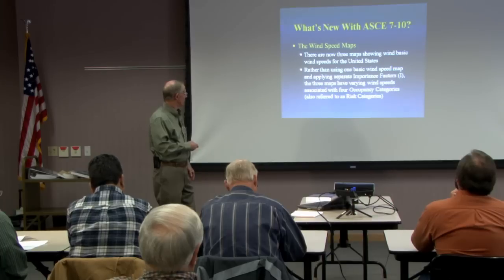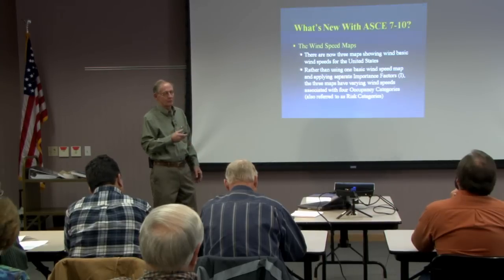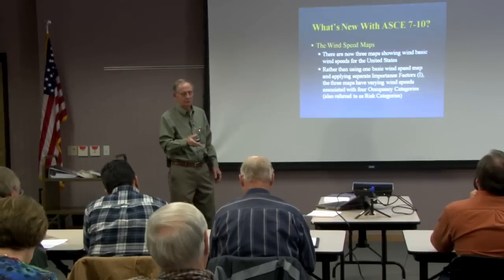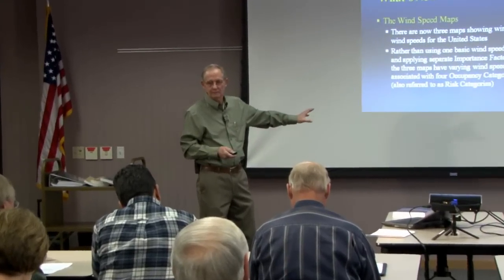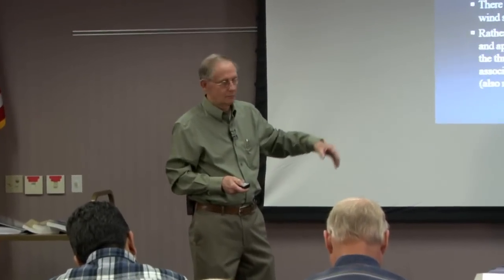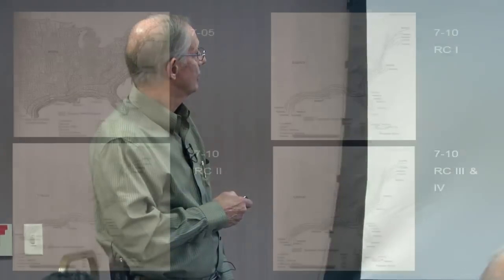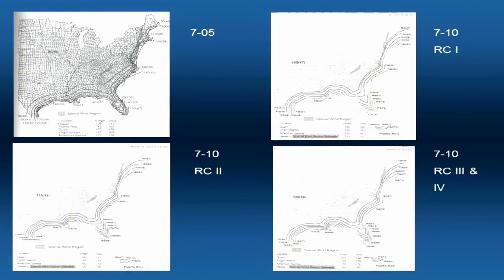So we have 3 different maps with different velocities instead of having an importance factor. Without an importance factor, we just choose the right map. It sounds pretty simple because most everything else is the same. This is the familiar ASCE 7-05 map, and that shows the wind velocities in the major part of the U.S., and then this is the hurricane-prone region where the hurricanes come in offshore.